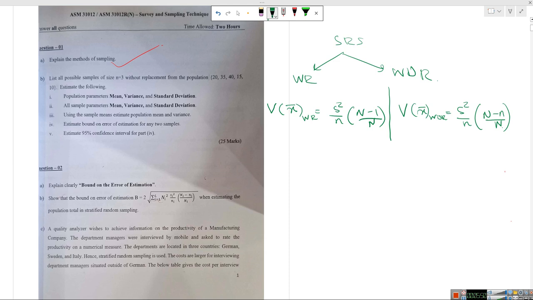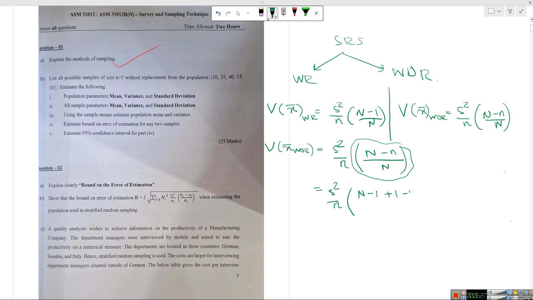Now we have to compare which method is more efficient by comparing the variances. I will take the variance of x bar without replacement, which is s squared divided by n times (N minus n) divided by N. Now I'm going to modify the numerator of this fraction: I add 1 and subtract 1, so N minus 1 plus 1 minus n.